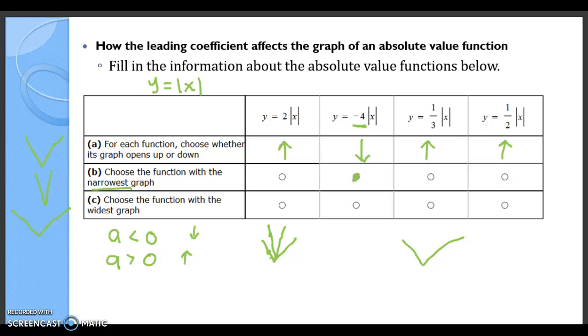Multiplying by a fraction, we just do 1 times absolute value of x. Then we divide that whole thing by 3. I'm sorry, not square root, absolute value. So we end up getting a really wide one. So the widest one on this is 1/3, because that is the smallest fraction we have.